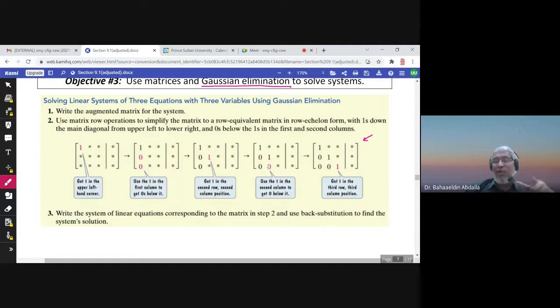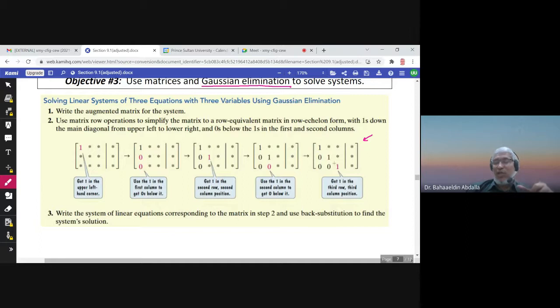And then use this one to make this number 0. How to change to 0? The third row operation, k R2 plus R3. And then make this number 1. There are no rows below to interchange. So here you just divide by the number here. This is the way. Finish column 1, finish column 2, finish column 3, you reach the row echelon form.